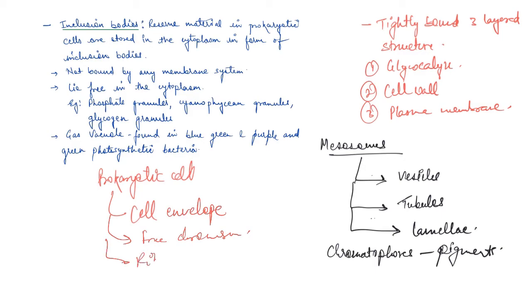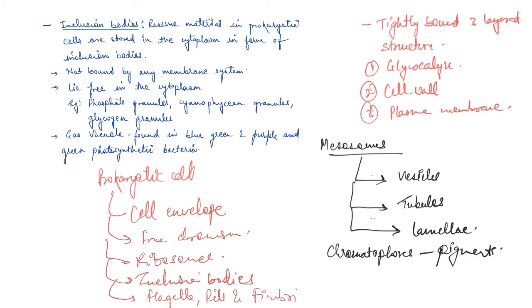Then you have ribosomes, you have inclusion bodies, and in some cases you have organs for movement, like flagella, pili, and fimbriae. This is in some cases. So this is all about the prokaryotic cell, guys.